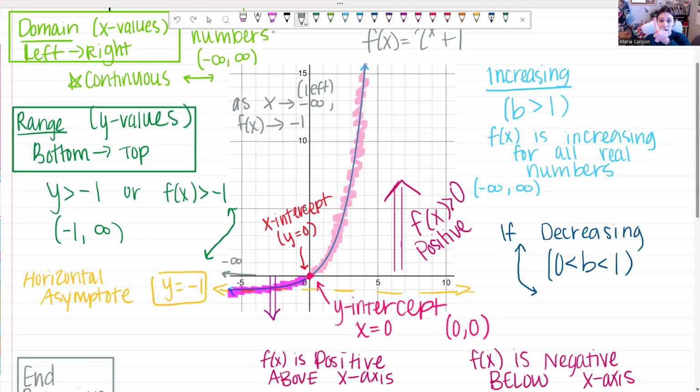Now let's look at the right-hand side. So as x is going to positive infinity, or as we travel now to the right, our function f of x is going up. Our function is increasing, so it is going up. So as we go to the right, our function or our y values are going up.